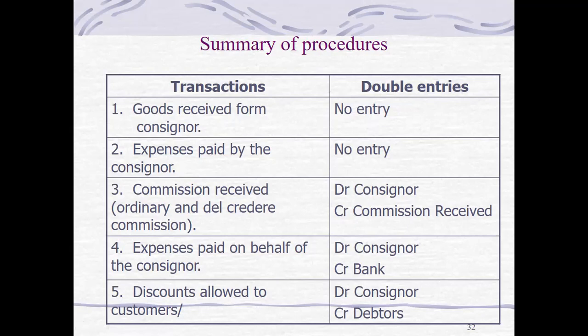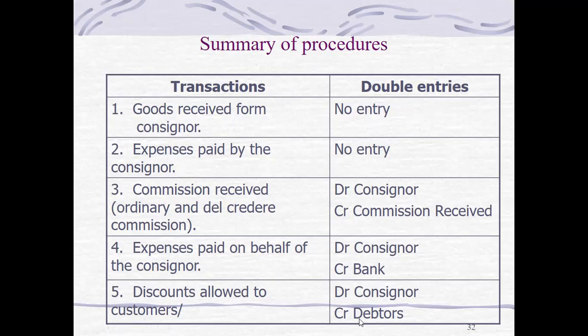Number five, discounts allowed to customers. That would be debited to the consignor account, and then we are going to credit the name of whoever the debtor or the buyer is, if that is maintained. Normally that is done in terms of consignment sales. Although we can make use of a sales discounts account if we would like to, just for us to be relieved by that.